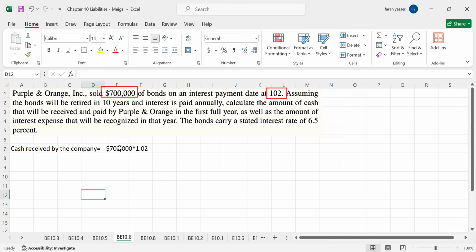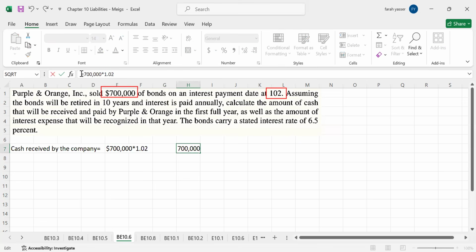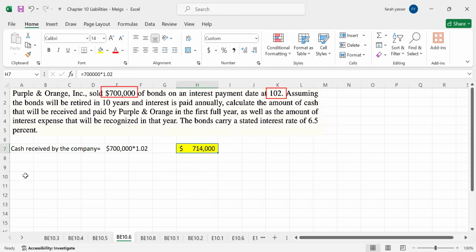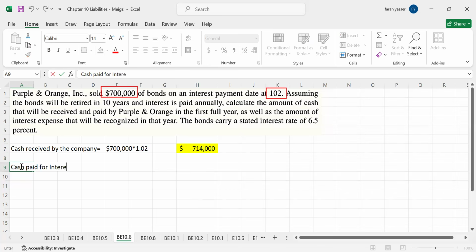So how much cash is received by the company? $714,000. This is the cash received by the company. The next requirement is cash paid for interest in year one.